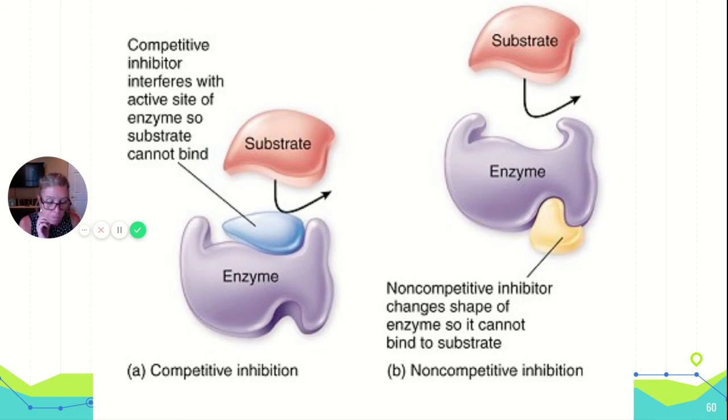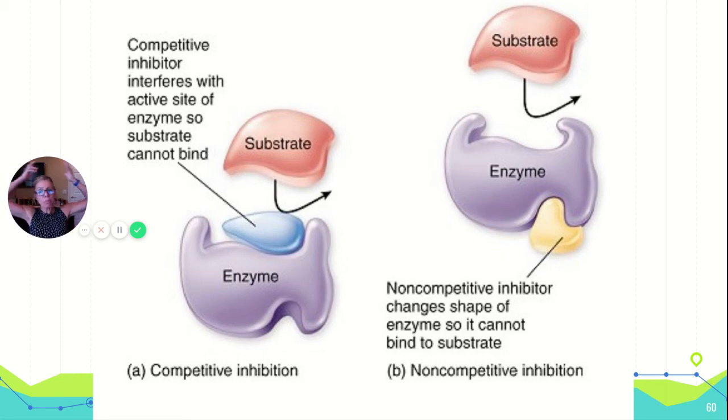Okay, so for a non-competitive inhibitor, what you're seeing right here, it binds to the enzyme at a location other than the active site. That second site is called the allosteric site, which, when bound to the inhibitor, directly changes the shape of the active site.